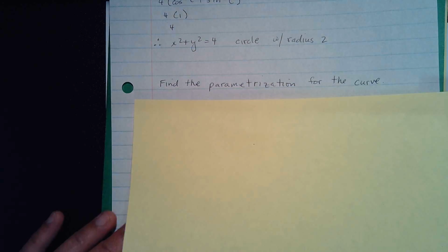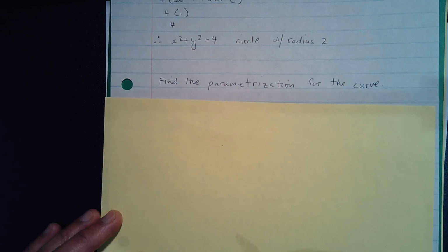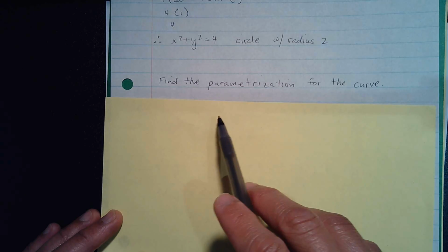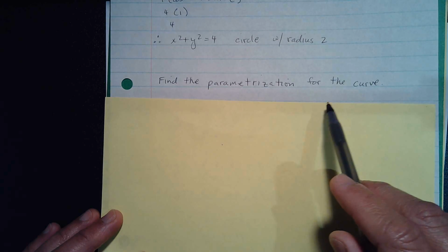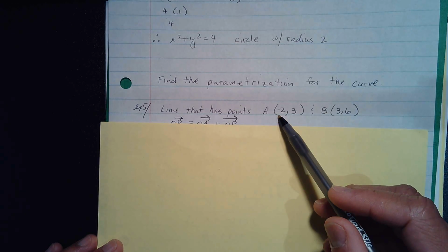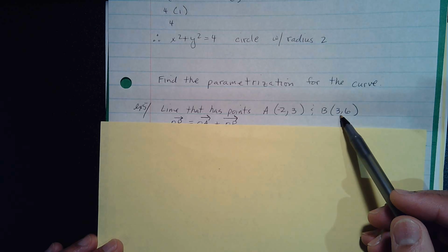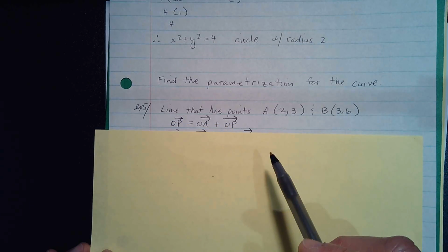In example 5, now they want us to do the reverse of what we did in examples 2, 3, and 4. Now they want us to find the parameterization for the curve. So this time, we're going to start off with points negative 2, 3, and coordinate 3, 6.